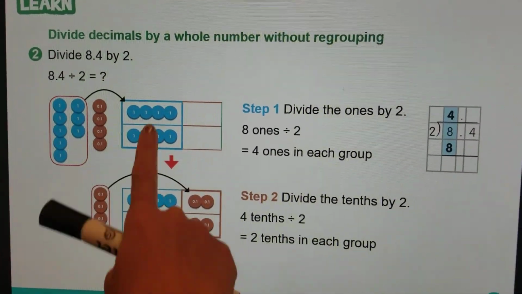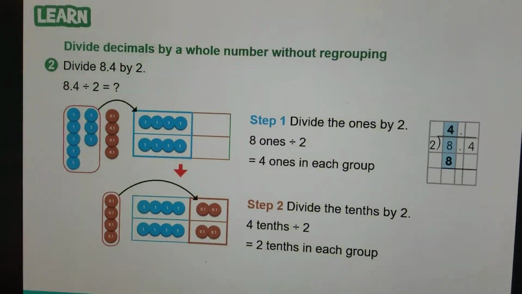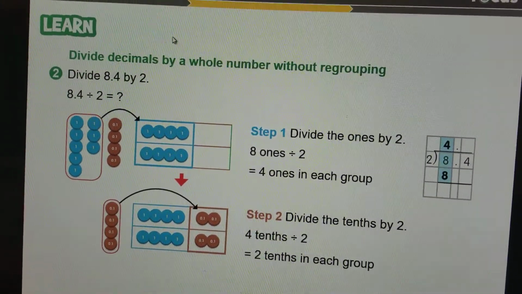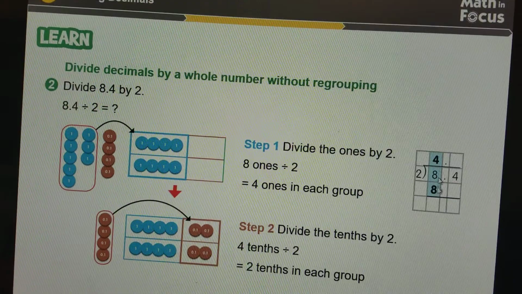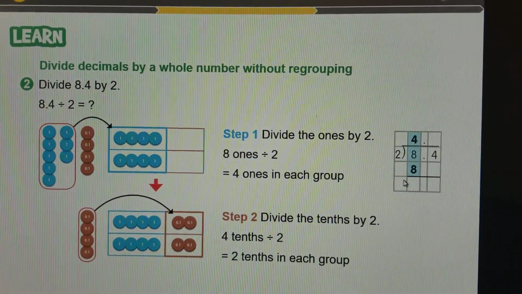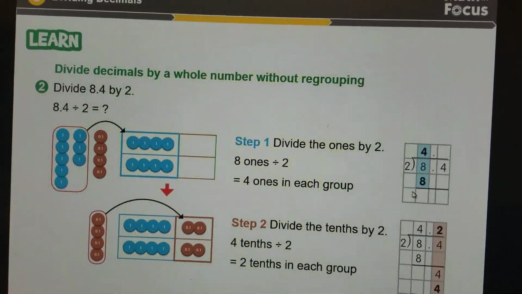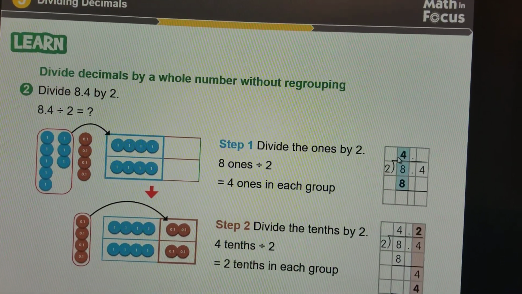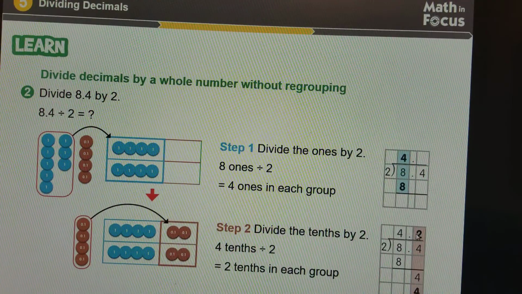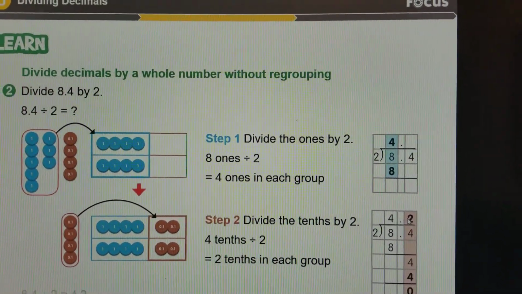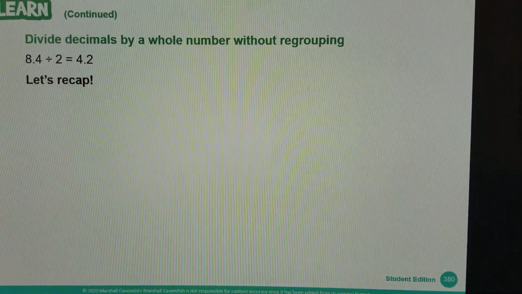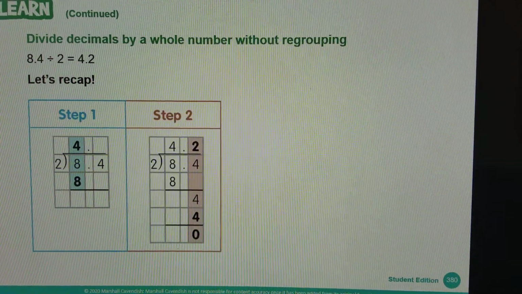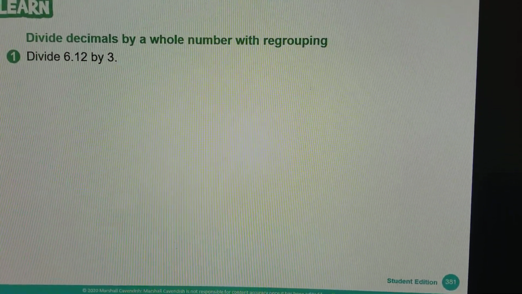So here we have the visual, right? I'll show you with my mouse. And here we have the algorithm, the long division algorithm. Okay, it's showing you 2 goes into 8 4 times, or 8 divided by 2 is 4, and then 4 divided by 2 is 2. Okay, it's just showing you again how we did that long division.